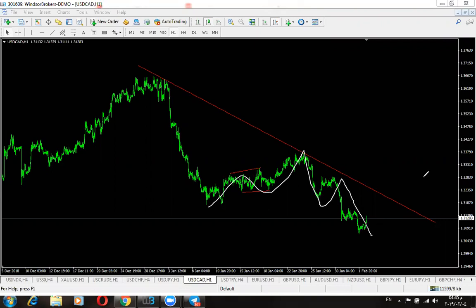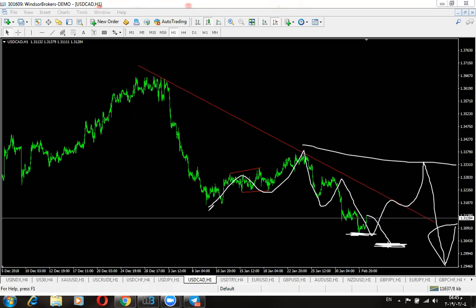Then we have to see an ABC to the upside before the price continues movement to the downside. This is a very clear pair at the moment, but be careful. Once we have made another movement to the downside from this place, this would be very shallow. And don't close your orders, because it is a must that we make a correction to the upside before the big fall for the dollar index.